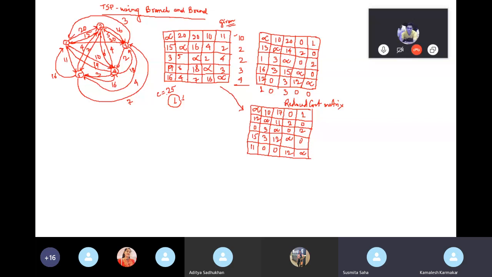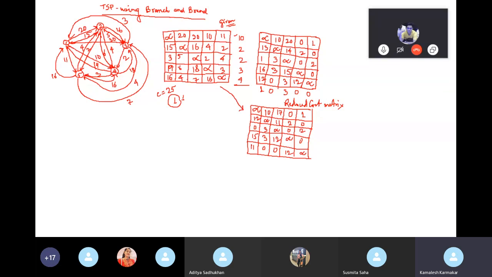This cost is basically the sum of the values we have reduced from the matrix. From the first row we have reduced 10. From the second row we have reduced 2. From the third row it's 2. In that way, what is the total reduction from this given matrix?